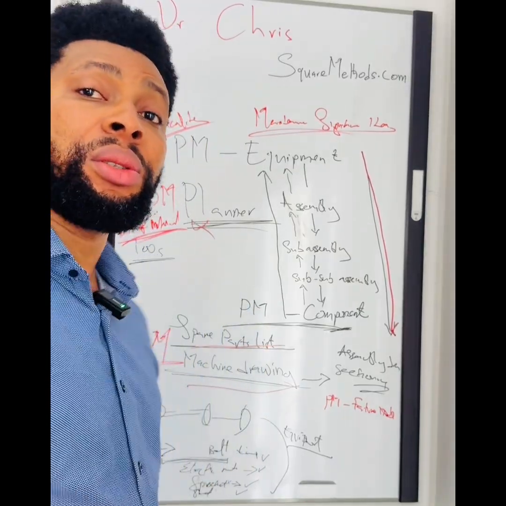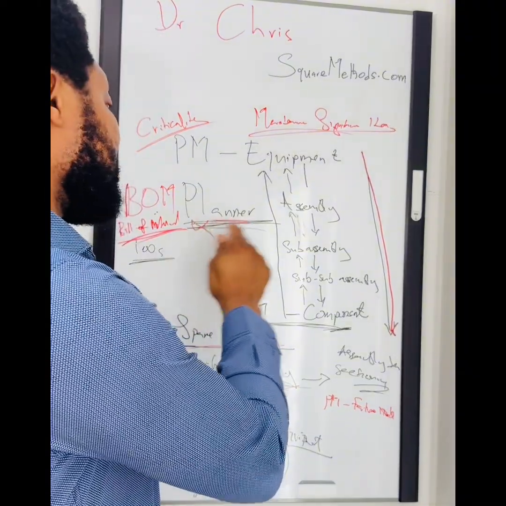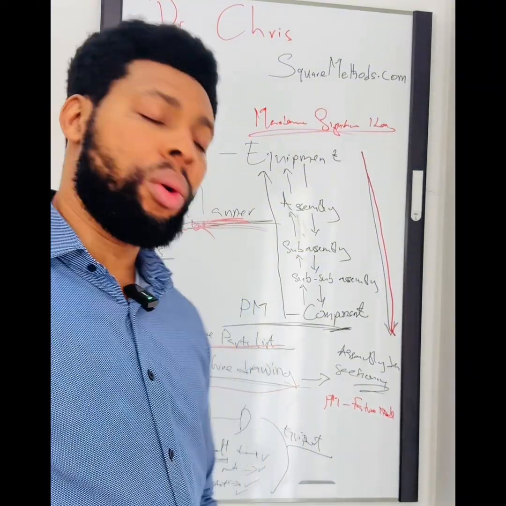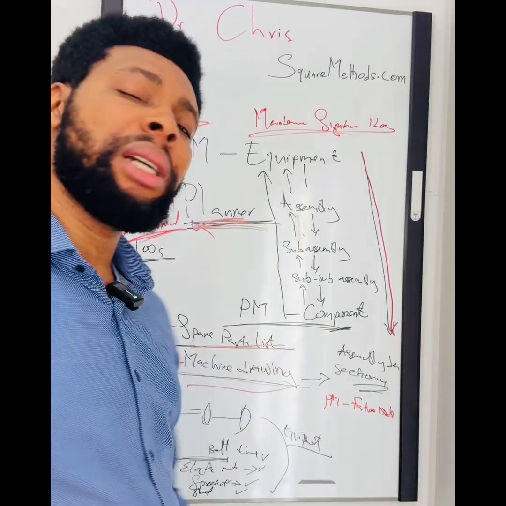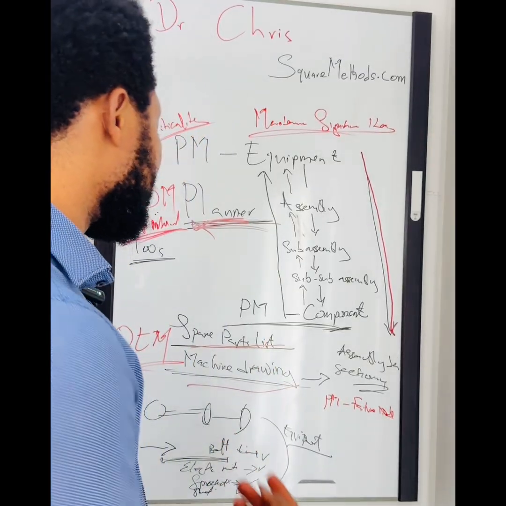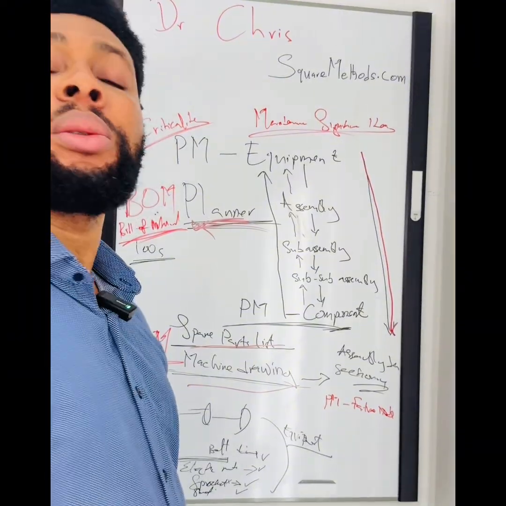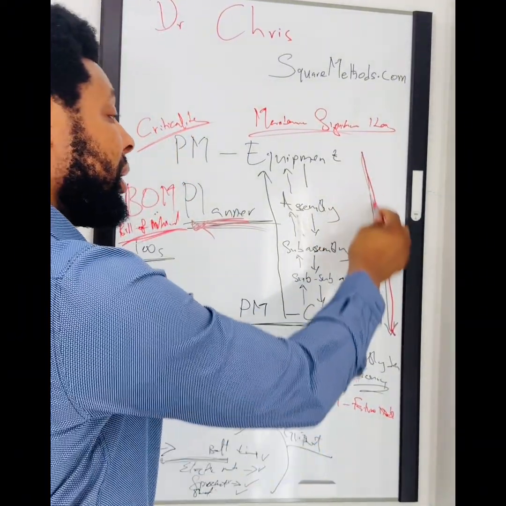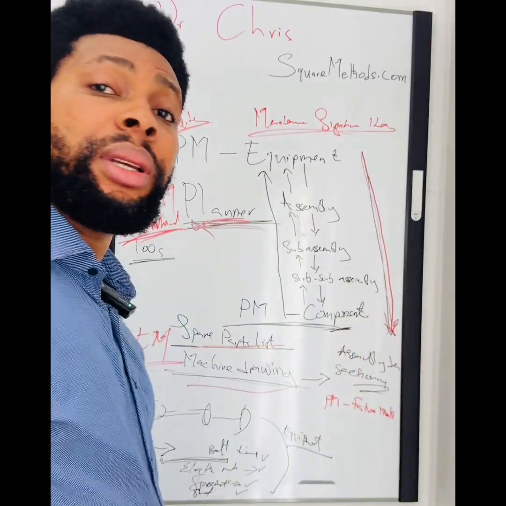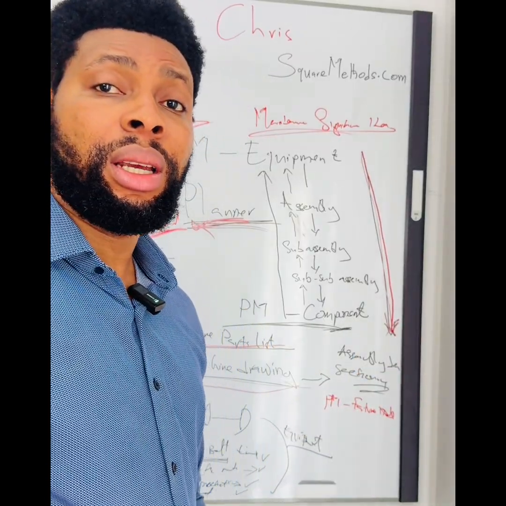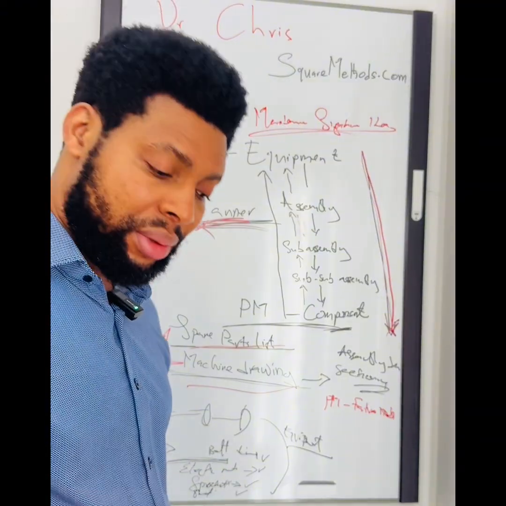So it's left to you as a planner, as an engineer, to go deeper and see, oh, this machine has a bearing, and this is how to maintain a bearing. This machine has a roller. This is how to maintain a roller. Once you do this, I guarantee you, your PM is going to start giving you results. If it were not so, I would have told you.